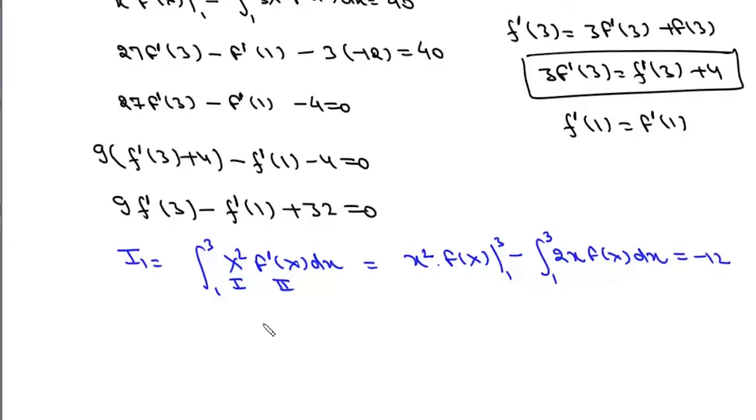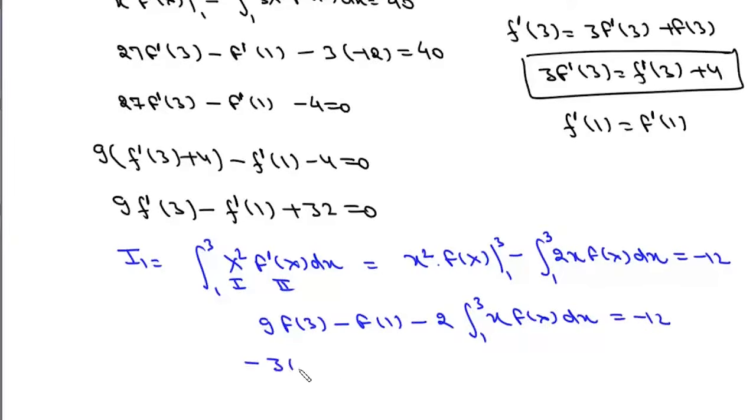Now this is 9 into F(3) minus F(1), and then the integral, 2 times from 1 to 3 of x F(x) dx, and this is equal to -12. Now F(3) is -4, so it will be -36. F(1) is 0, minus 2 times this integral from 1 to 3.